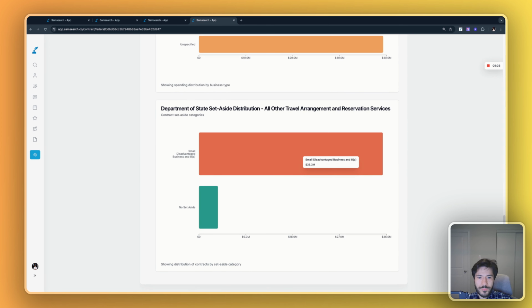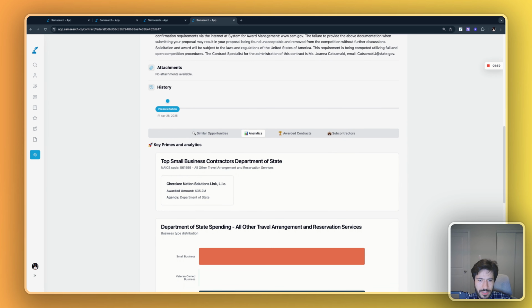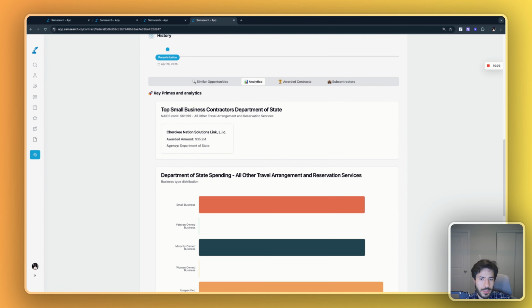This didn't take me 2 minutes, but it saved me so much time compared to going after the wrong opportunity, the wrong department, or the wrong NAICS code, and spending so much time breaking it down, even spending money on the proposal and gathering all the information, submitting a bid, and so on. So just a small step in research saved me a lot of time and a lot of effort.